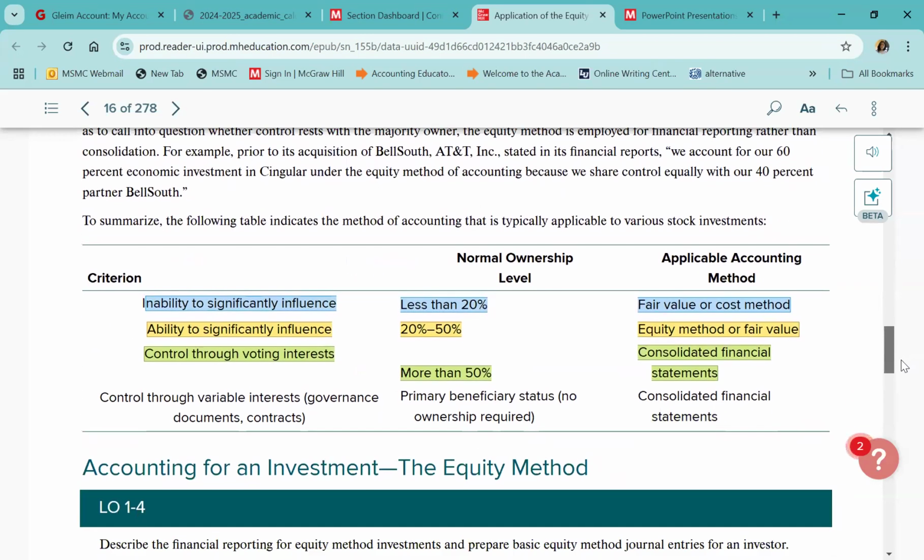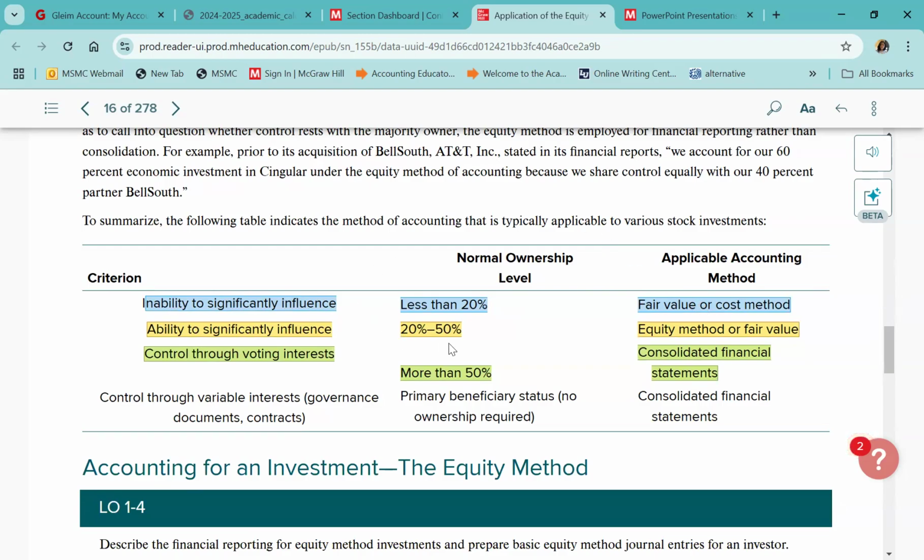So this is a summary of the fair value method, the equity method, and the consolidation method. If the investor owns less than 20% in an investee, we will use the fair value method.